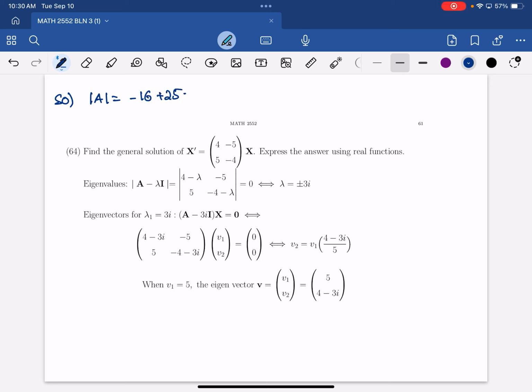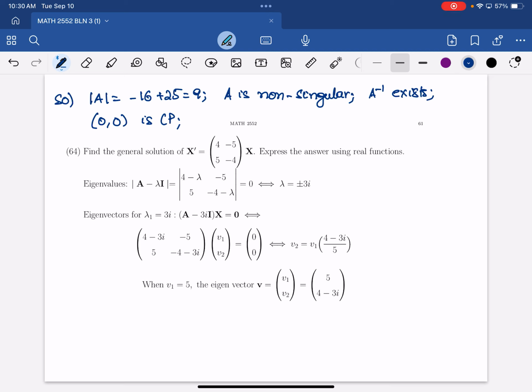So that's going to be 9. So A is non-singular. So A inverse exists. So this tells me that (0, 0) is the critical point. This is not a surprise. We are good with it, right?